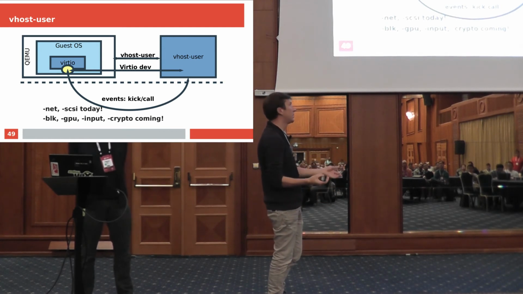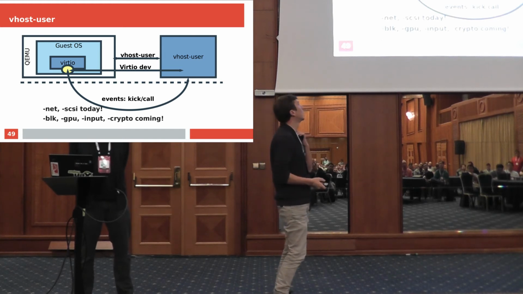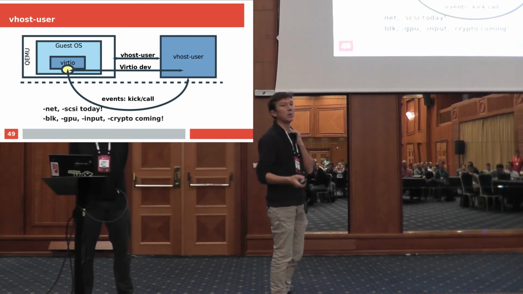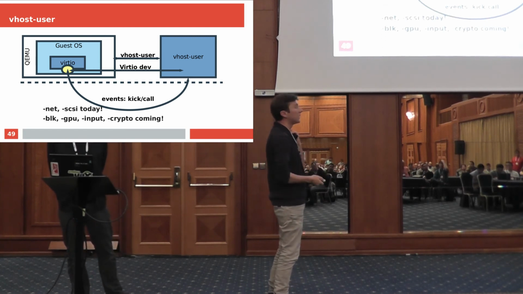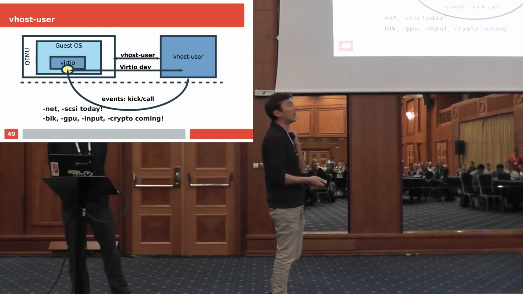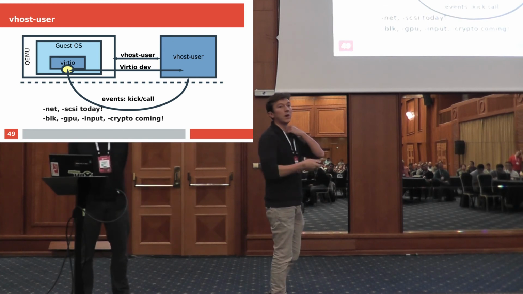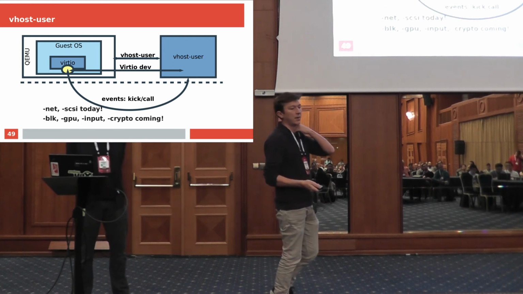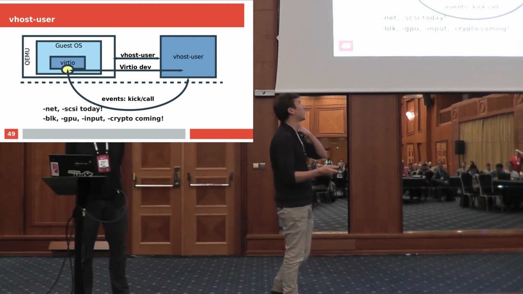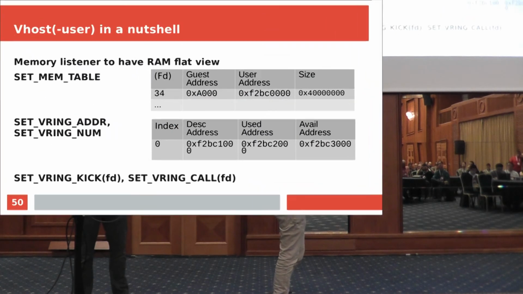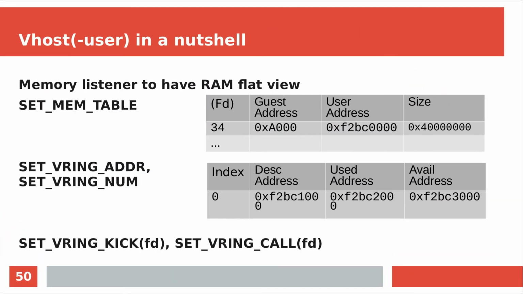I've done GPU stuff. Input, and I know crypto, there is some patch pending. So we've got a lot of devices that people want to run outside of the QEMU binary. And this is neat. You can use this protocol with the various implementations of vhost-user. KVM tool could implement vhost-user fairly easily, so they could benefit from all these devices quite quickly.